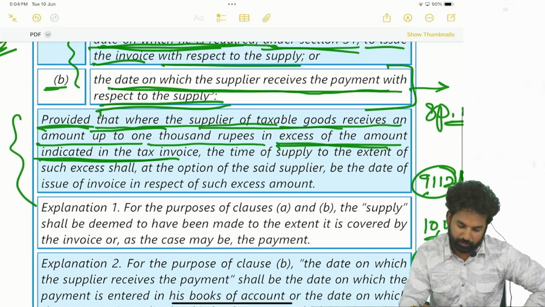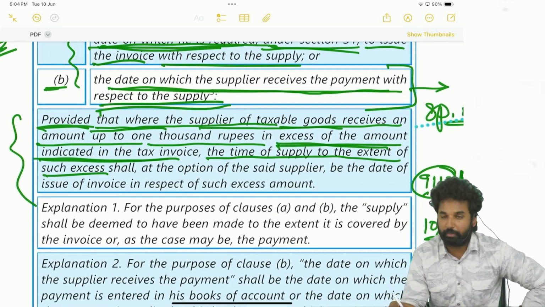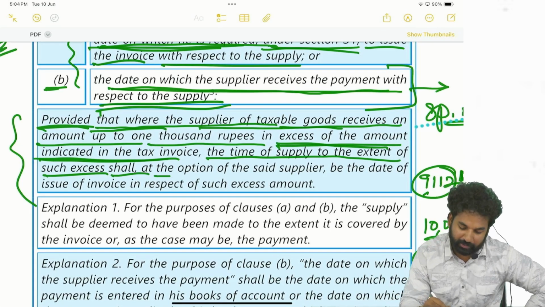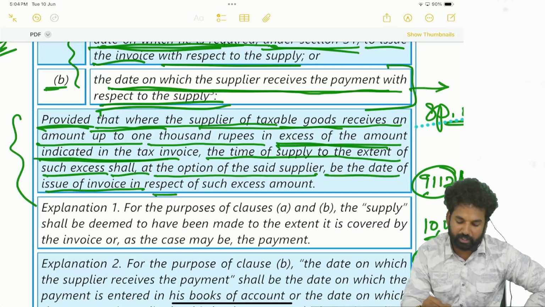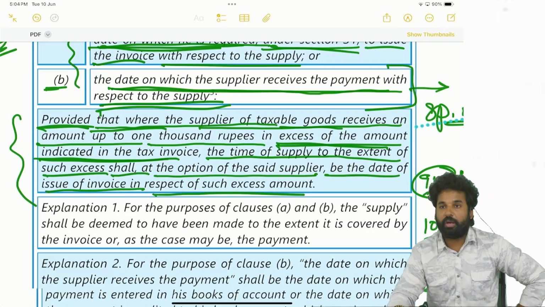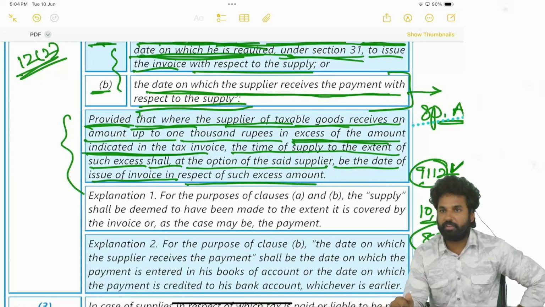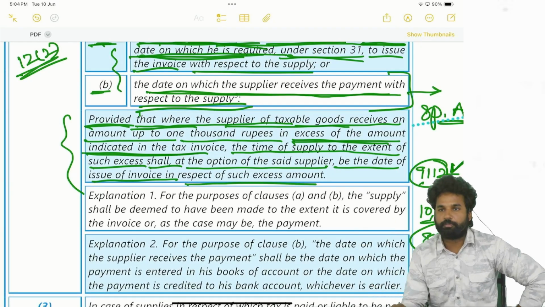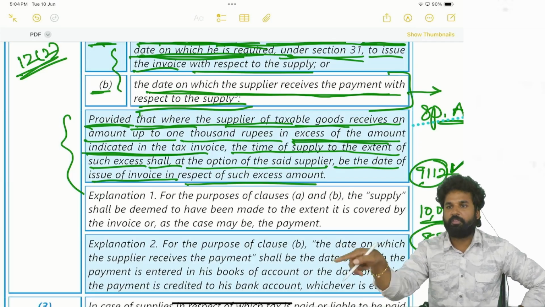In such cases, the time of supply to the extent of such excess, with respect to this 888, shall be at the option of the said supplier, the date of issue of the invoice in respect of such excess amount. The supplier is the one receiving the excess amount, so when issuing the invoice you may adjust that 888 rupees in the next bill. Then the time of supply will arise.